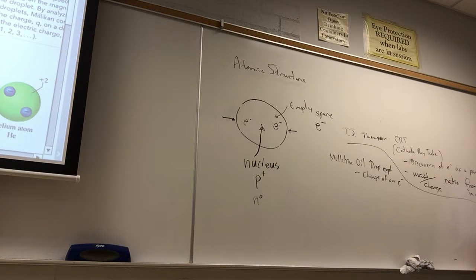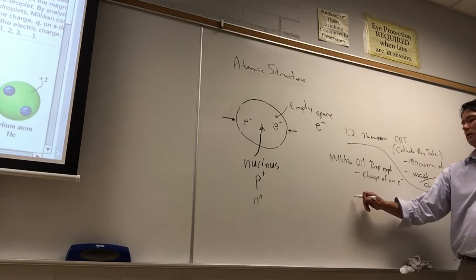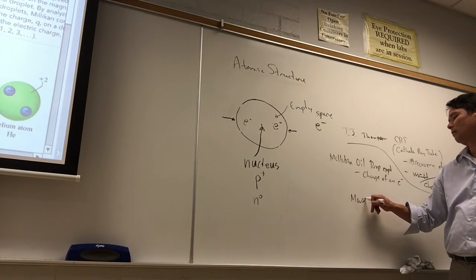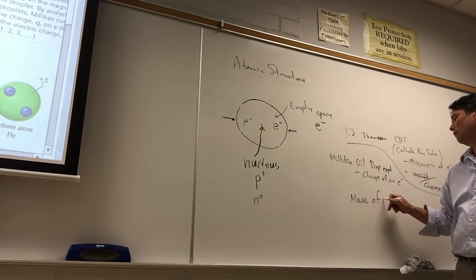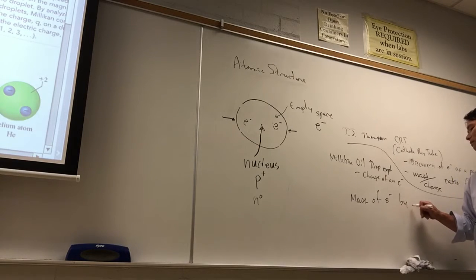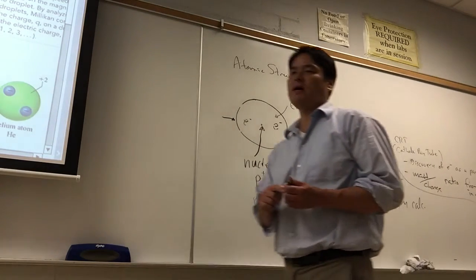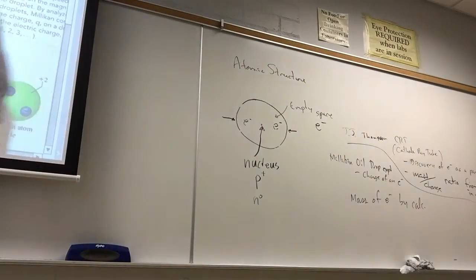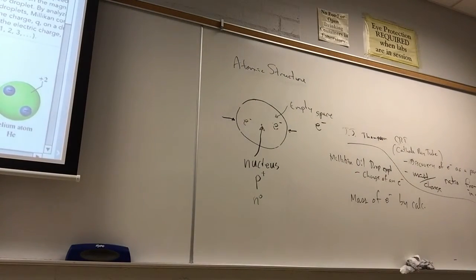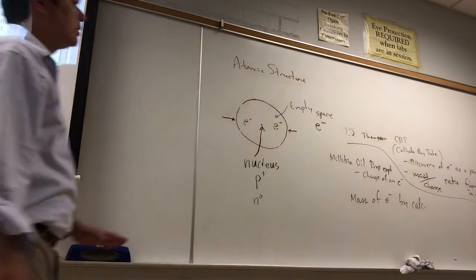And so the mass of an electron was determined by calculation. The calculation has gotten much better. The original calculation for the mass of electrons is quite a bit off because of the accuracy and precision of the earlier instruments. But now it's much more accurate, much more precise. So we have a good value for that.